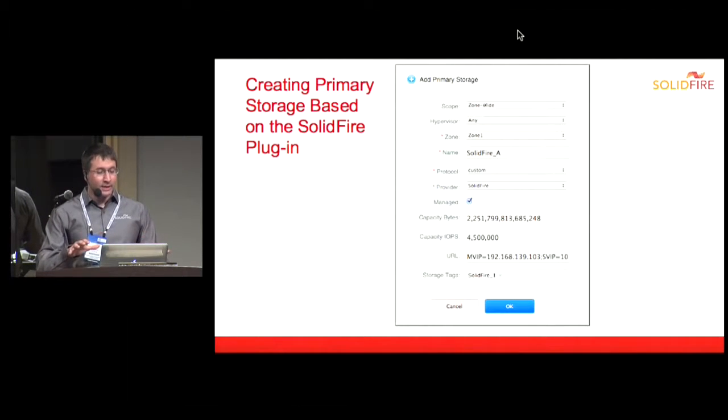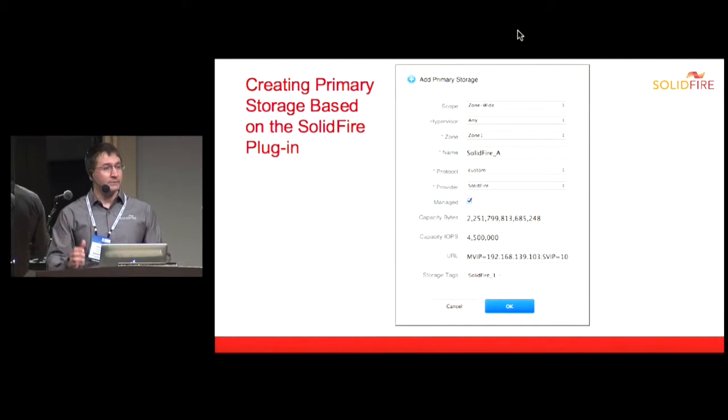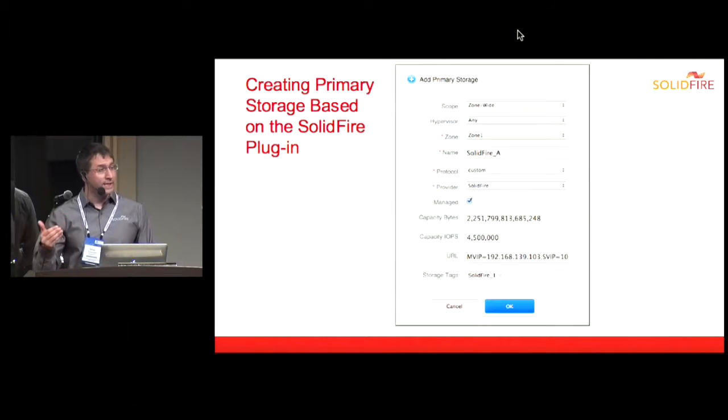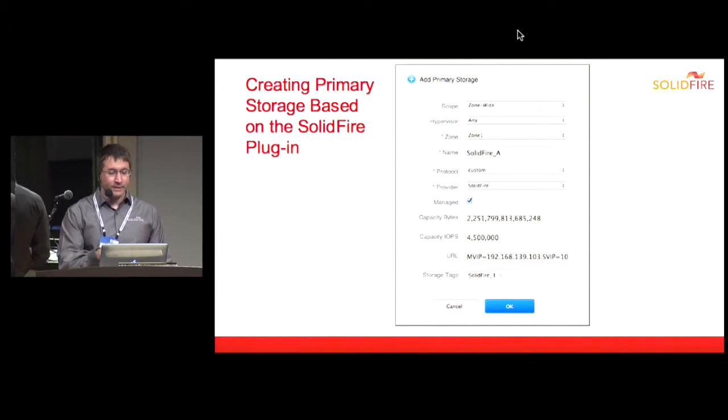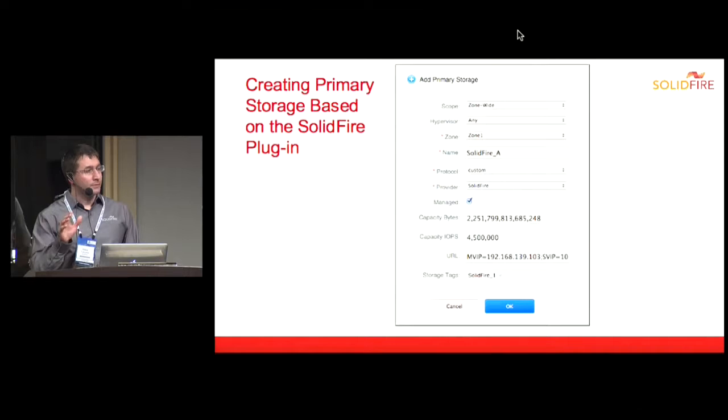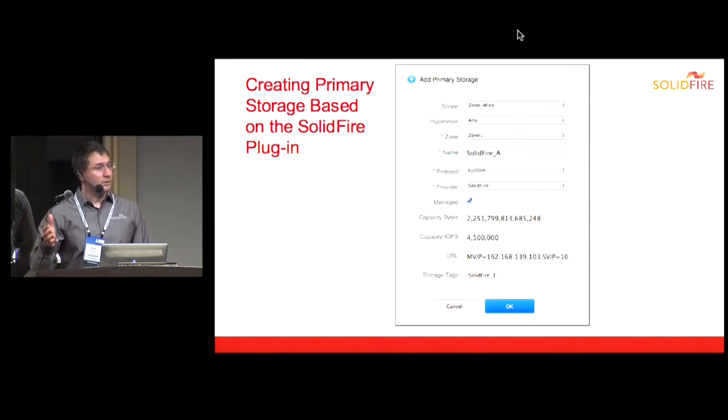So again, it's not the size of an individual volume. This is two petabytes here. This is how many bytes from the back-end resource, the SAN in this case, that CloudStack is able to utilize. And then the unique part here for the SolidFire plugin is specifying how many IOPS from the SAN can be doled out to volumes as you create them.